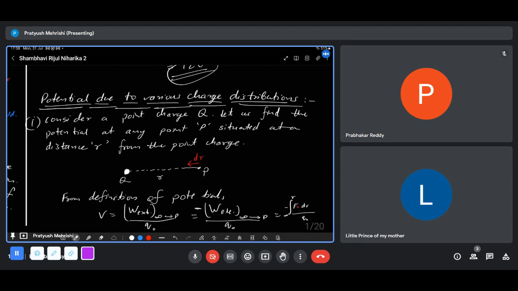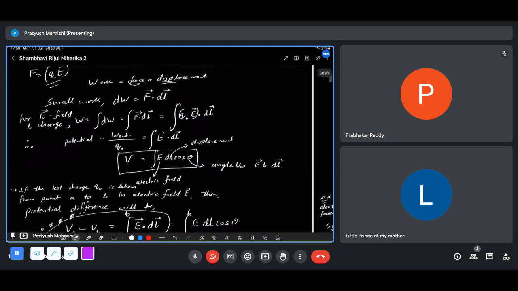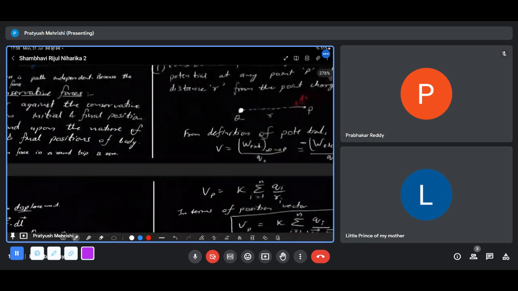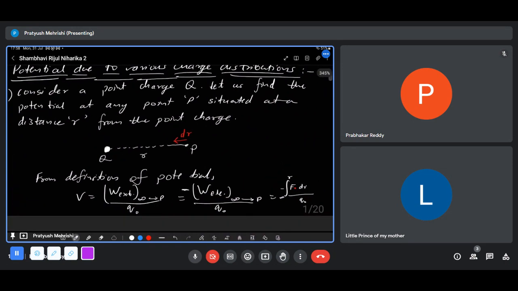Because of a single charge, the potential is nothing but kq by r. Now how to find the potential? Its derivation is sometimes asked in boards. So we shall try to understand that.